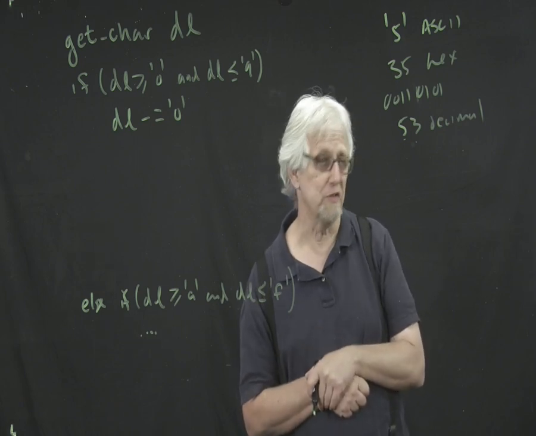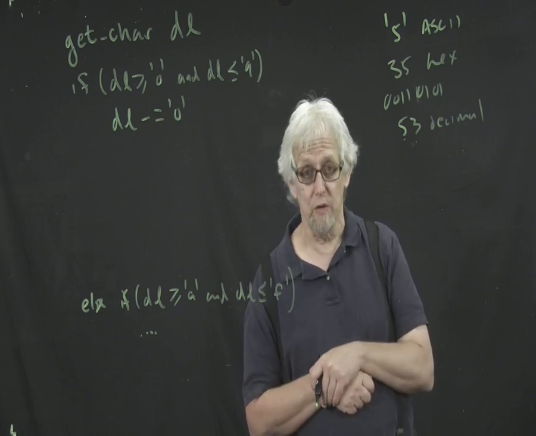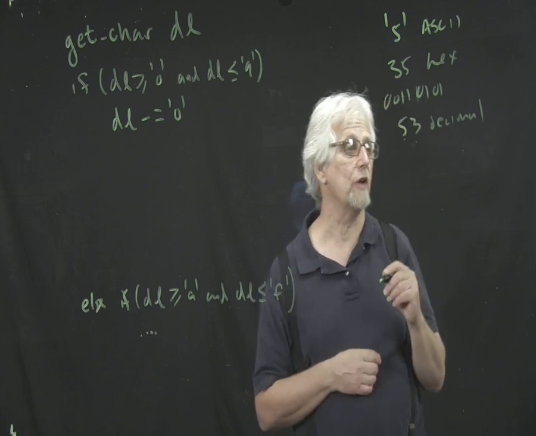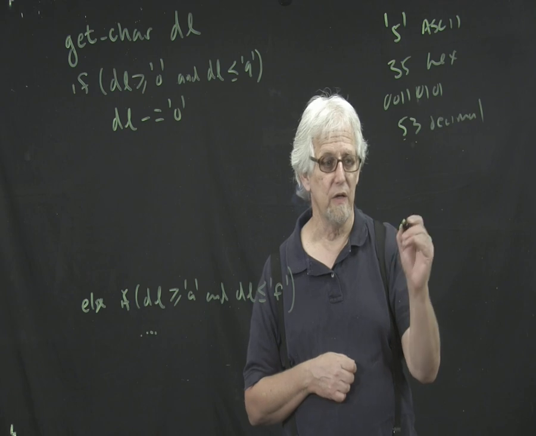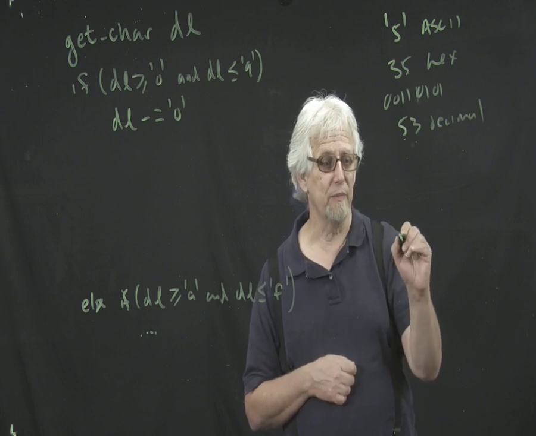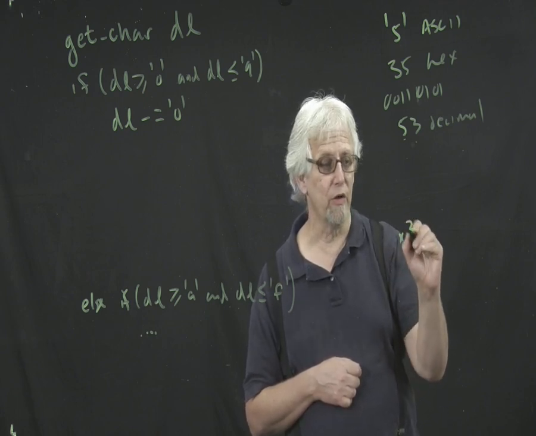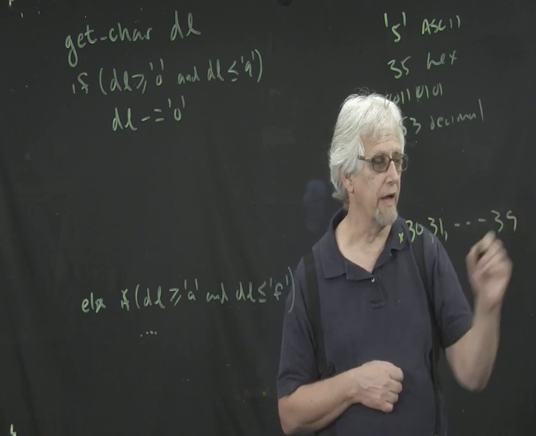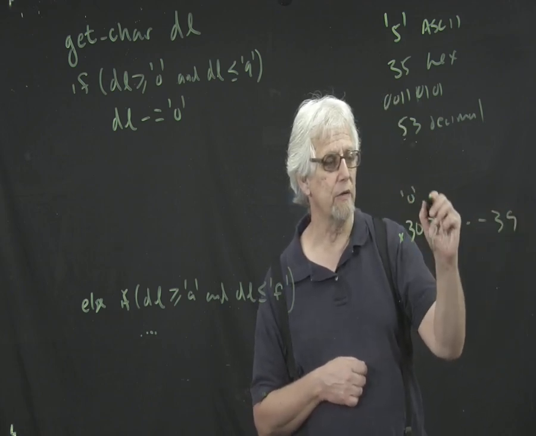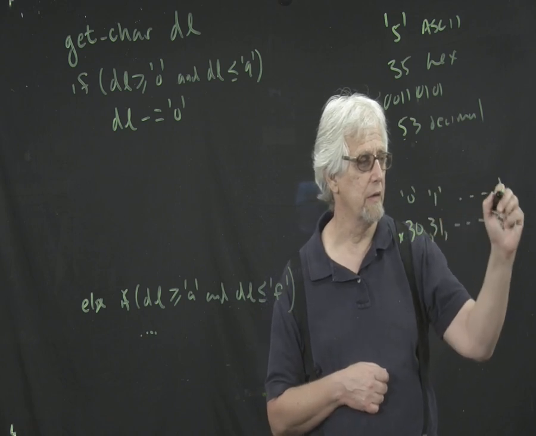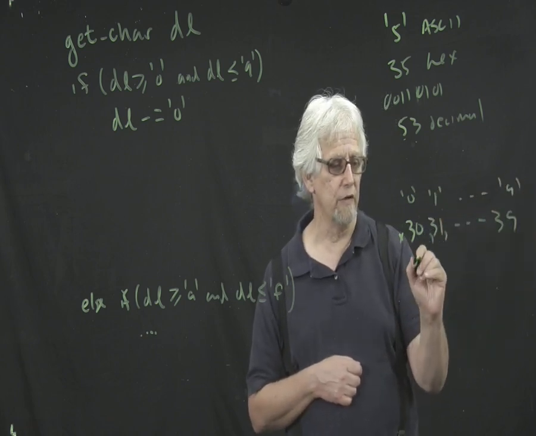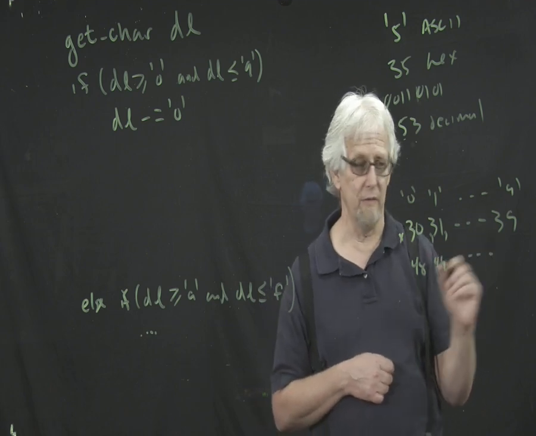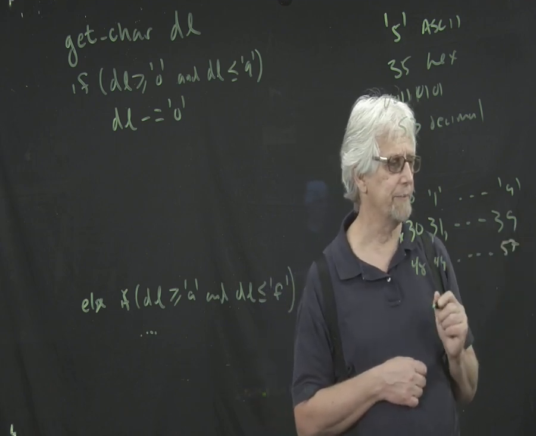So how is this going to work? Well, the ASCII numbers are all in the range hex 30, 31, through 39, and that's a 0, 1, through 9. This is 48, 49, through 57.